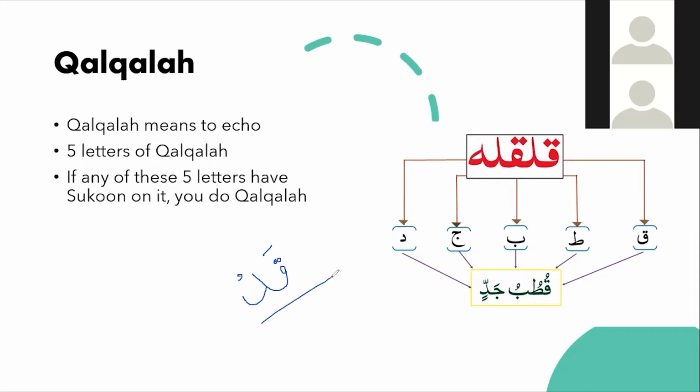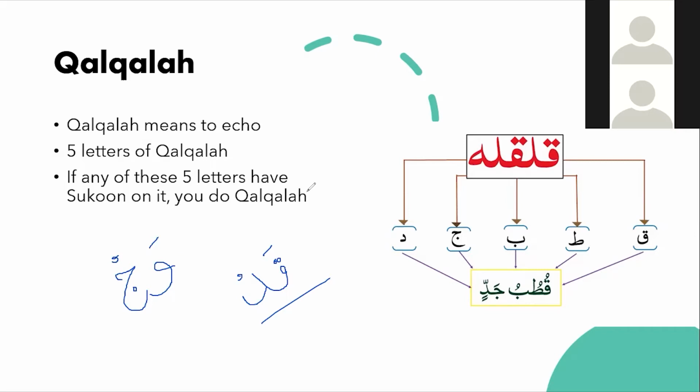Do you guys see it? Can you guys hear it? So we'll say qad. For example, if there was a waw and it joined a jim, and we join them together, it'll be recited as waj.